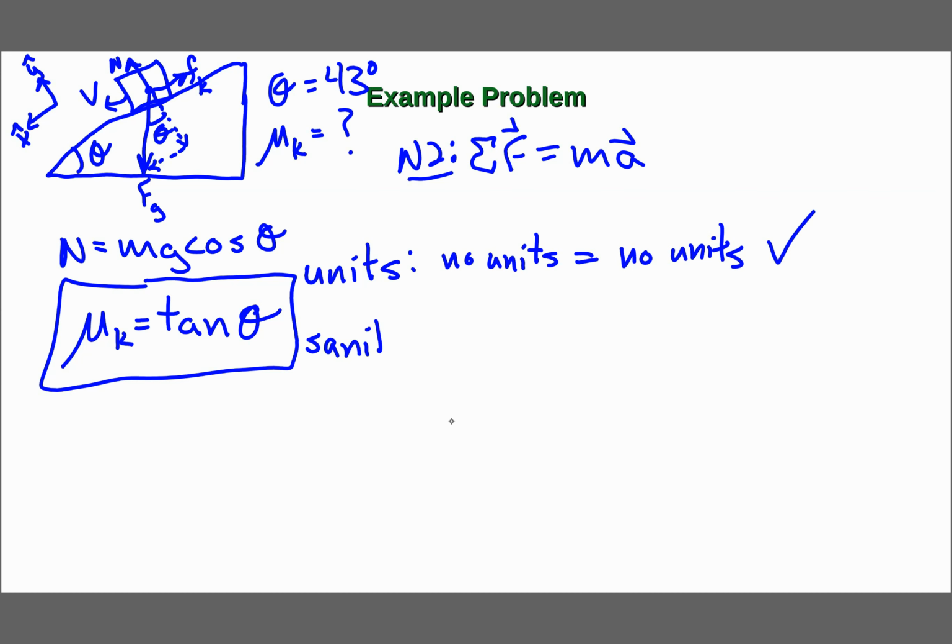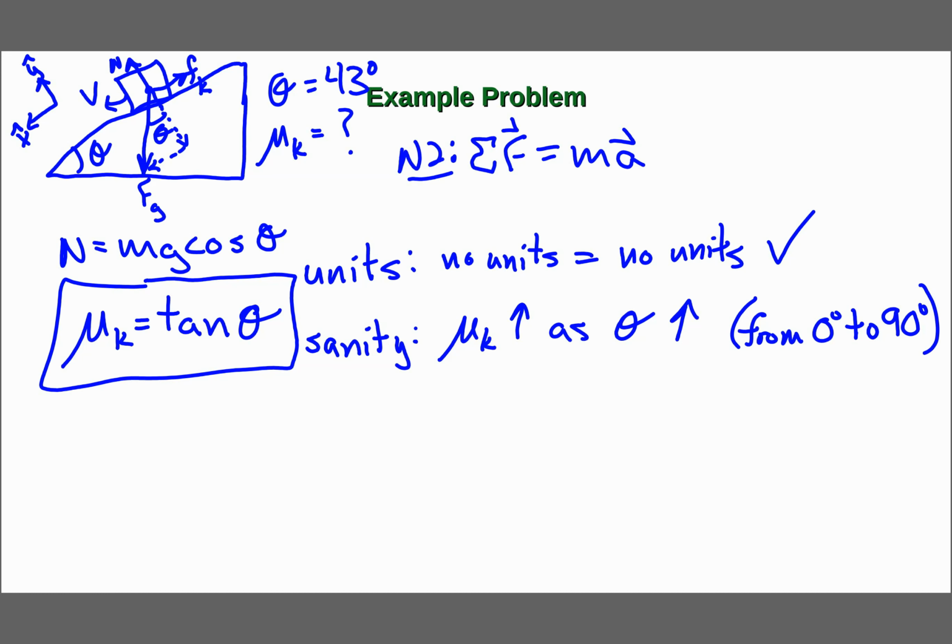Sanity, well, mu sub k goes up as theta goes up from 0 to 90 degrees. Okay? Now, tangent just increases as theta increases from 0 to 90 degrees.